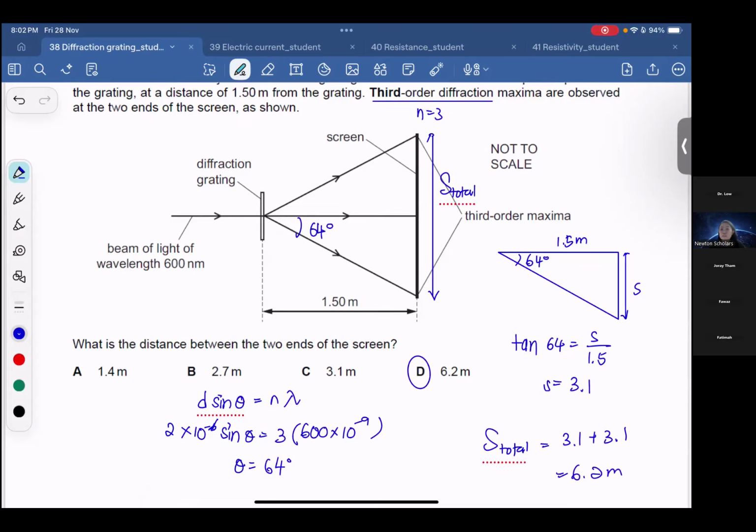Let me check your answer. Vashini correct, Jory, Wesley correct, Jory correct. Fatima, check which part you made a mistake.